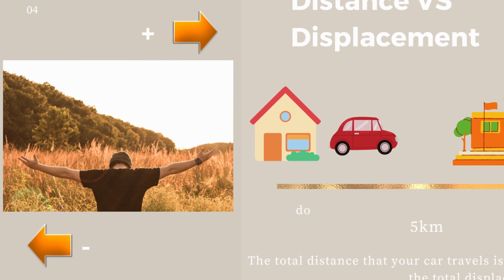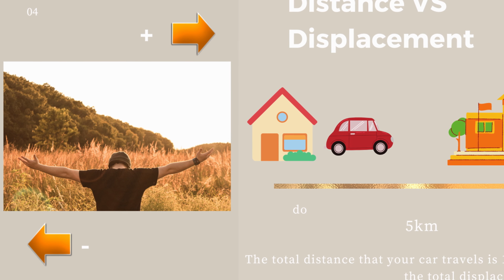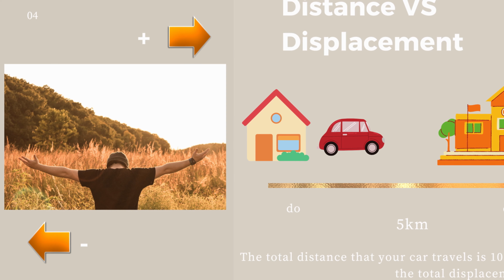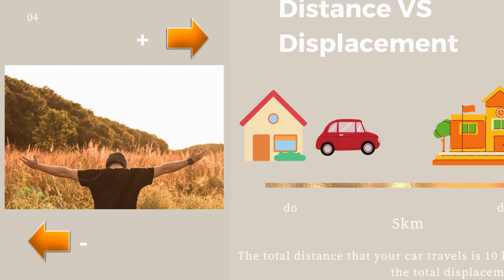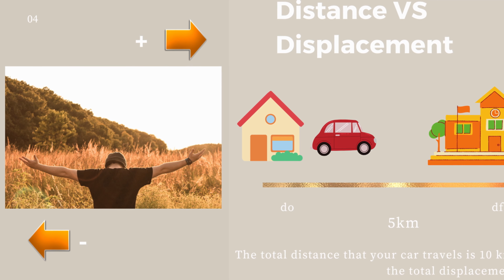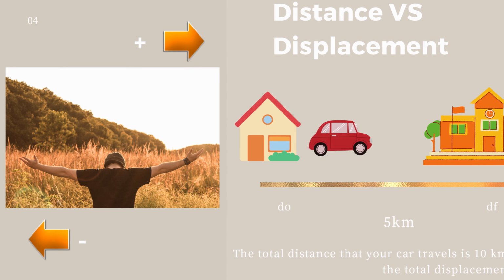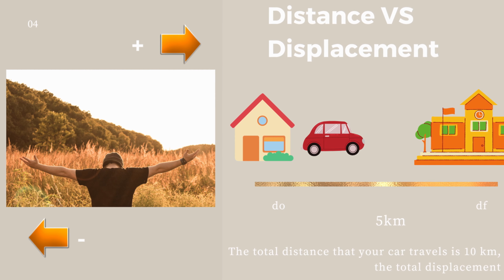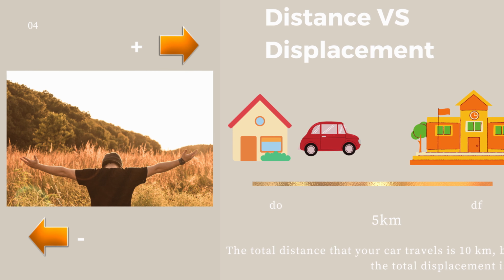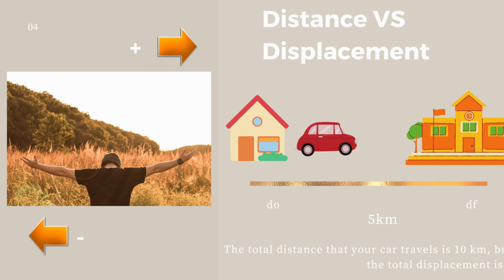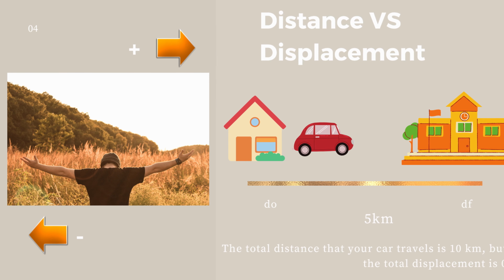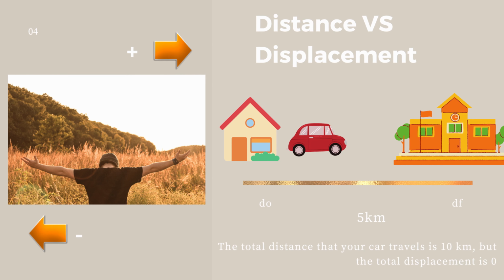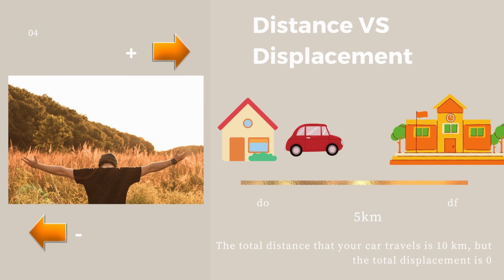However, when you describe the displacement, you take into account both the magnitude of the change in position and the direction of movement. In our previous example, the car travels a total of 10 kilometers, but it drives 5 of those kilometers forward toward school and 5 of those kilometers back in the opposite direction. If we ascribe the forward direction a positive and the opposite direction a negative, then the two quantities will cancel each other out when added together.